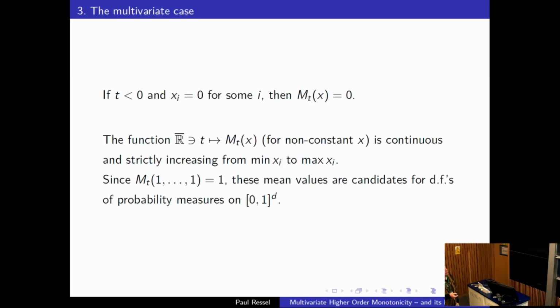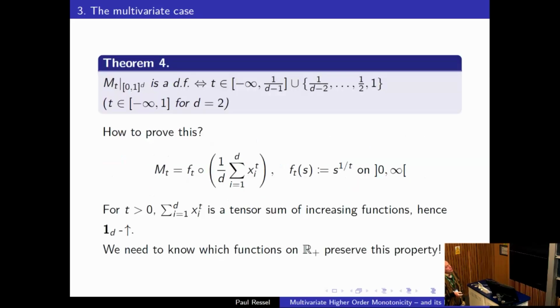Well, these are non-negative functions, and for a mean value, one could imagine, since of course in the vector 1 we have the value 1, these mean values are really possible candidates for distribution functions, of probability measures. So, are they? Well, that's this result.